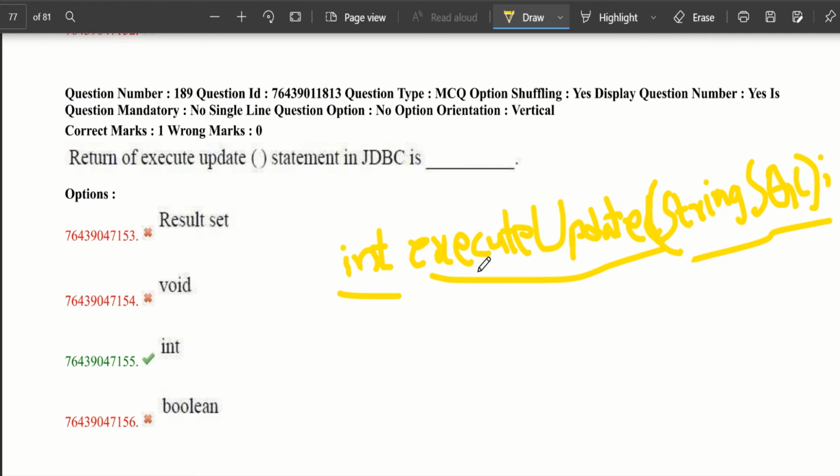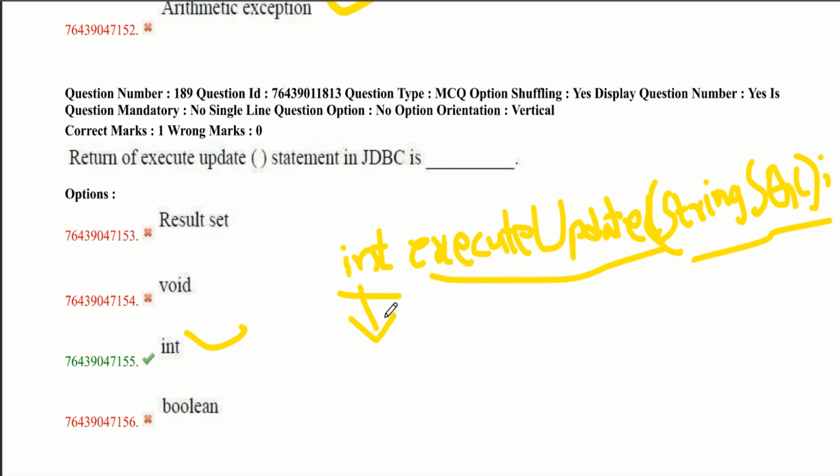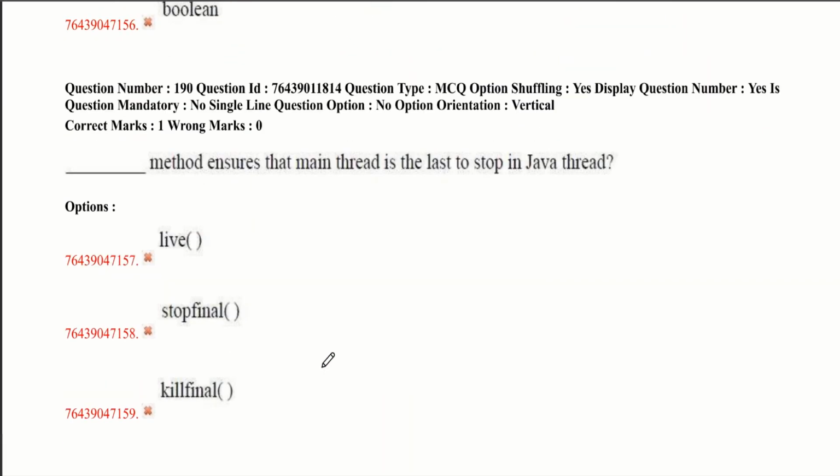This is the syntax for executeUpdate. Here int is the return type, so this is the answer, and it returns the number of updated rows by the execution of the SQL statement. Now let's get into our final question.